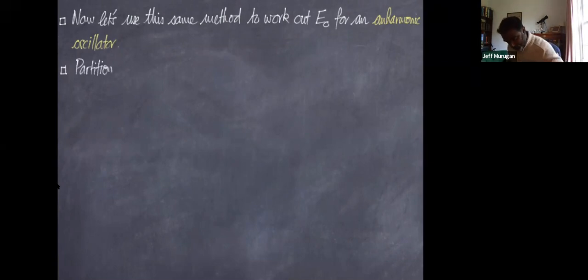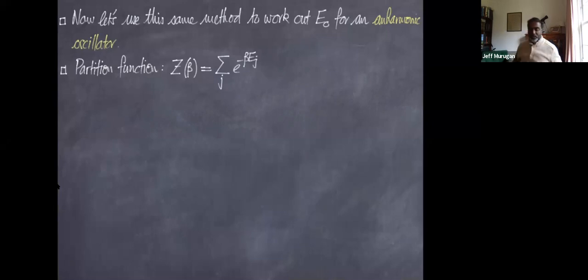This calculation starts off from the partition function, which I want to remind you is a function of the inverse temperature beta, and it is the sum over states j of e to the minus beta times the corresponding energy of that state j.